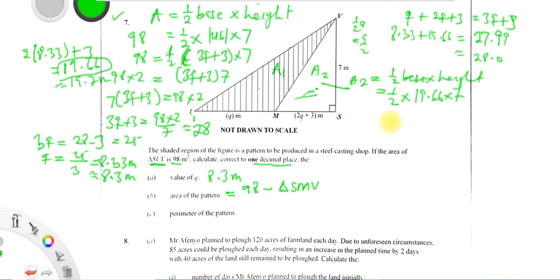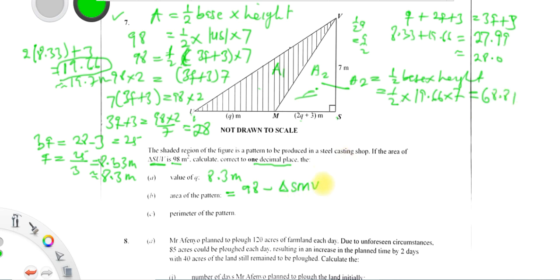So guys, this is 19.66 times 7. Then if you divide it by 2, you get 68.81.